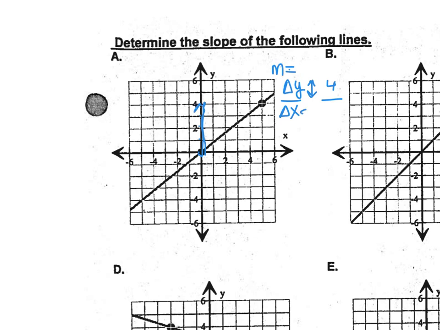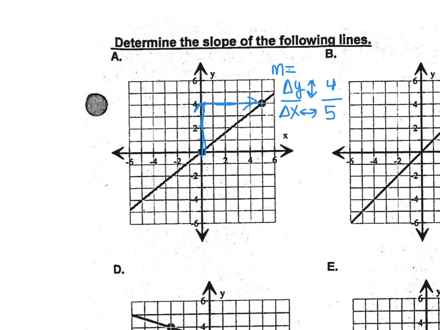Then my change in x says I'm going to run across the page and go horizontally. So how far did I go? 1, 2, 3, 4, 5 in the positive direction, because this is the positive direction of my x value. So therefore my slope is 4/5.